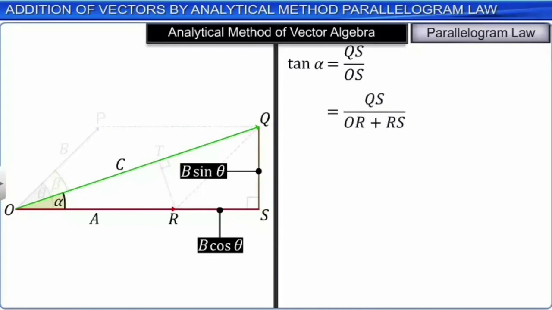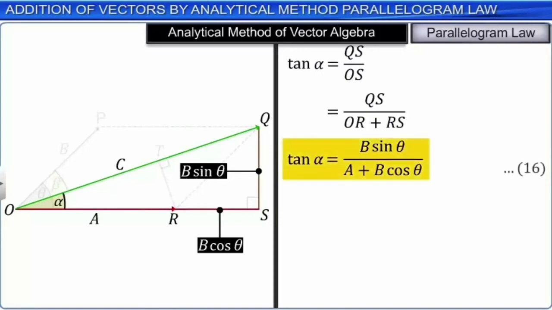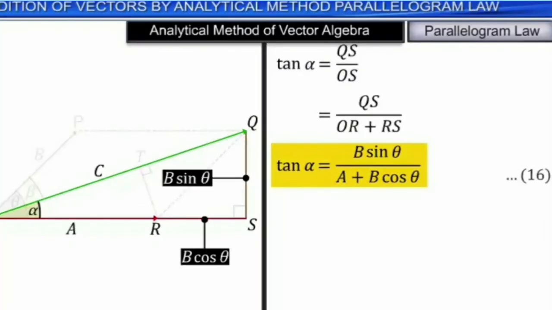So, from the triangle, tan alpha is equal to QS by OS, that is QS by OR plus RS, or tan alpha is equal to B sin theta by A plus B cos theta. This equation can be used to find the direction of the resultant, because alpha is the angle made by the resultant with the direction of vector A. So, in terms of alpha, we can state the direction of the resultant.